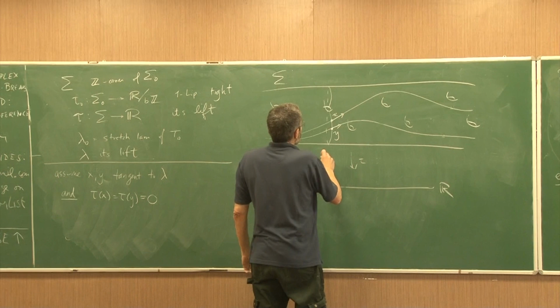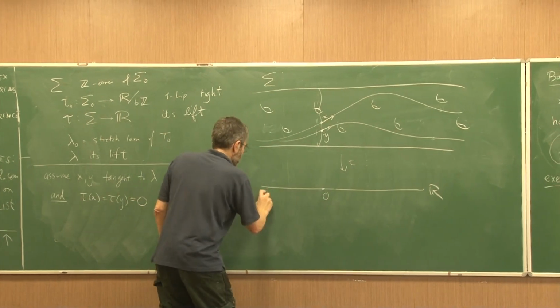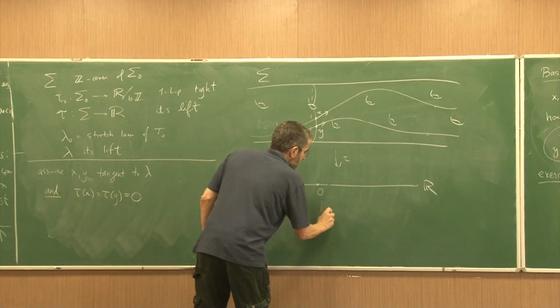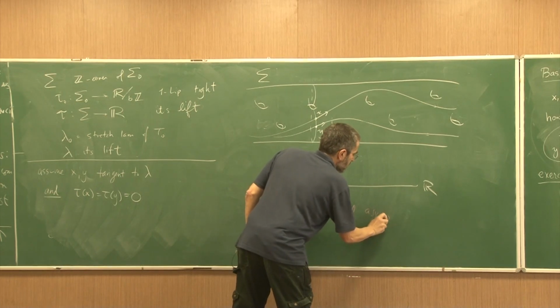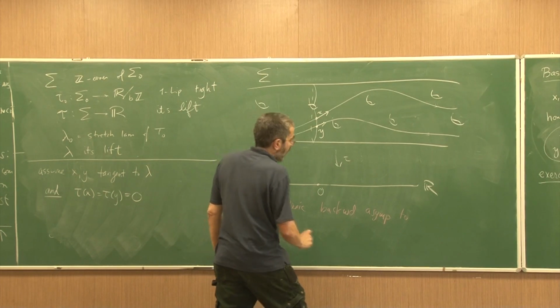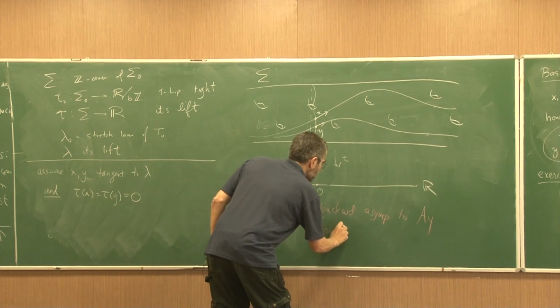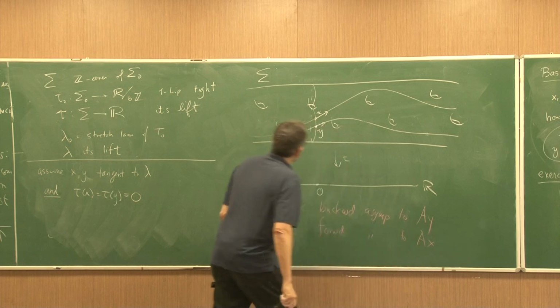So here's a thing to think about. I want L to be a geodesic which is backward asymptotic to A Y, and forward asymptotic to A X. So there are many choices, but let's draw one.